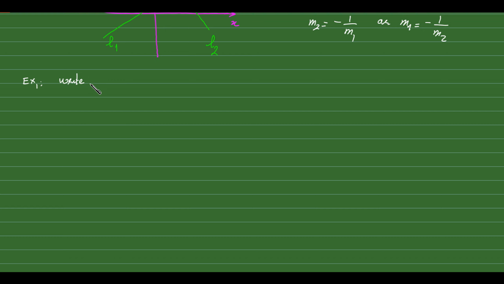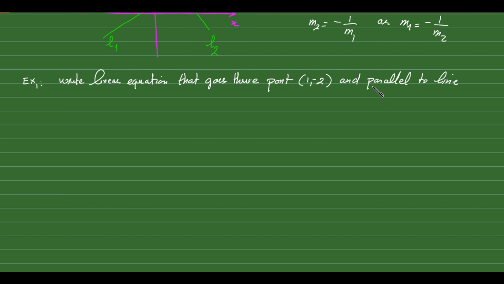Write a linear equation that goes through the point (1, -2) and is parallel to the line y equals 2x plus 3.